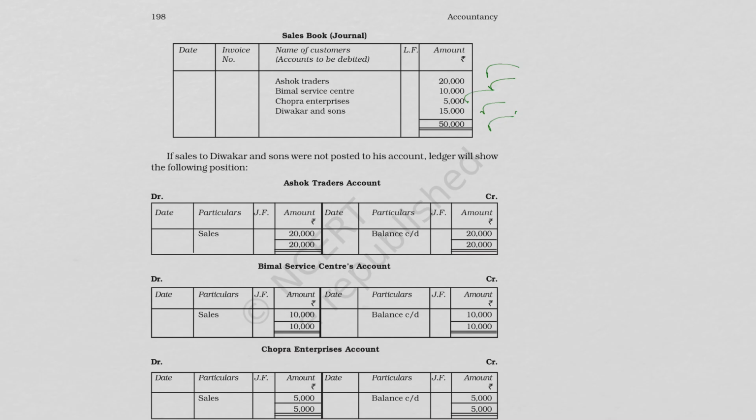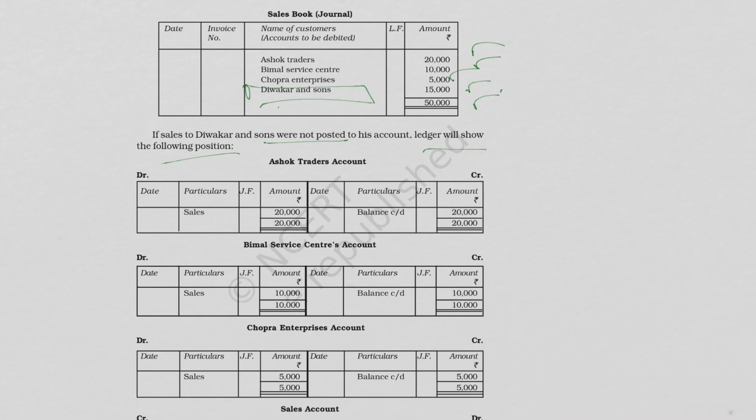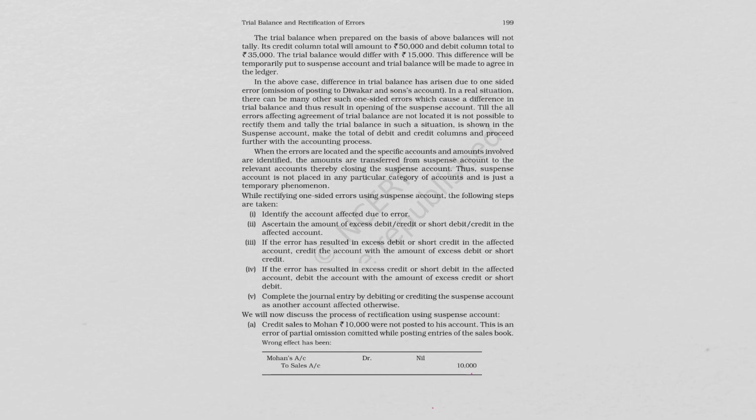If the sales to Divakar and Sons were not posted to his account, then the ledger will show the following: Ashok Traders 20,000, correct? Bimal 10,000, Chopra 5,000. Sales account 50,000.